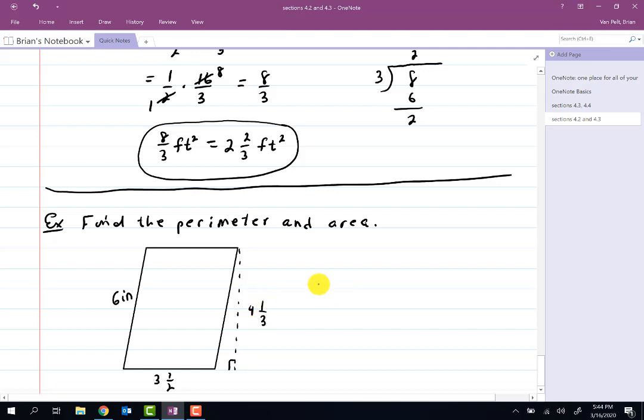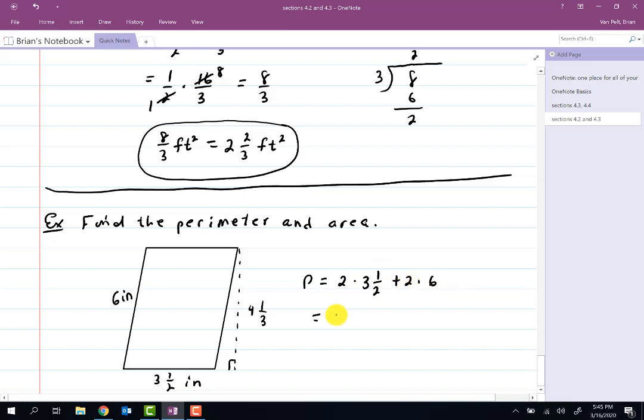So for the perimeter, we just want the side length. So I want this side plus this side plus this side plus this side. Remember, this length up here is 3 1/2 inches as well. This length of this side over here is 6 inches. So we're going to do 2 times 3 1/2 plus 2 times 6.